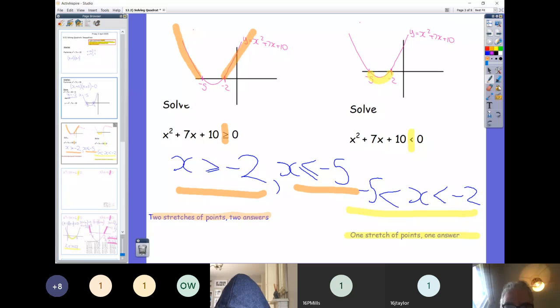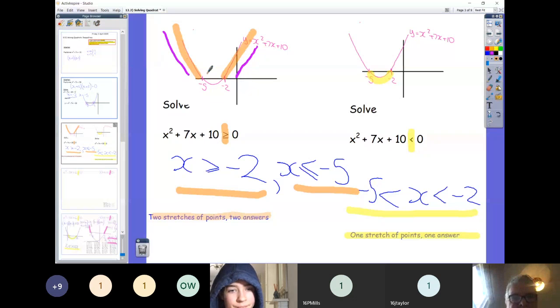Now, when it's greater than 0, we want all the points which are above the x-axis. So all these points here and all these points here. These are all the points on the curve which are greater than or equal to 0. So how do we explain to the person marking that we know it's all of those points?